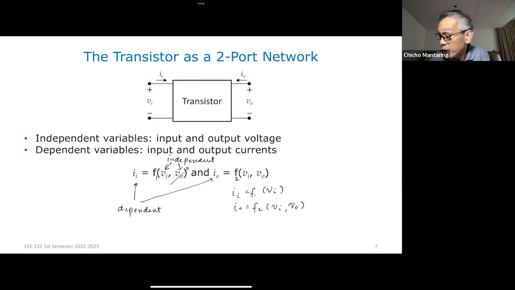My independent variables are going to be my input and output voltage, and my dependent variables are going to be my input and output currents. But in this particular case, the input current will only depend on the input voltage, because we said in the unilateral model, the output does not affect the input, and therefore the effect of V sub O can be neglected.